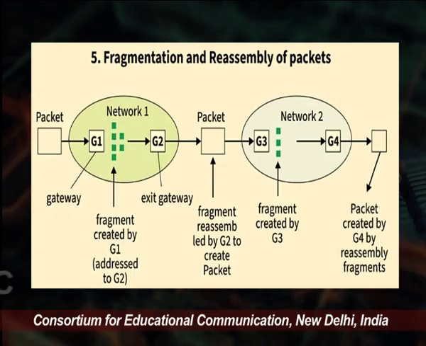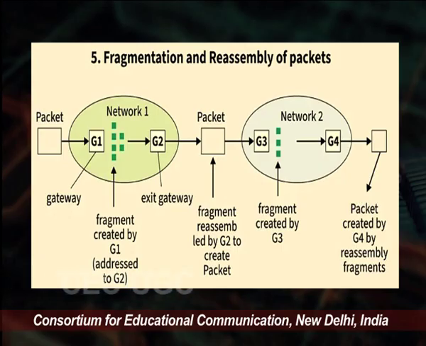Now, if it is going to enter network 2, let us say here is gateway 3, and this gateway 3 is going to divide that packet into 3 pieces, whereas earlier it was divided into more than 3, let us say 6 pieces. These pieces are layman terminology, but it is easy to understand.